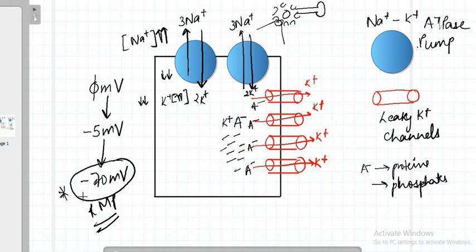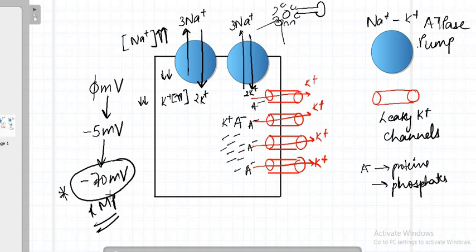Also, one key fact to remember is that neurons are many more times permeable to K+ ions. So K+ ions will diffuse very rapidly outside the membrane, making the inside more negative, as the anions, which are negatively charged proteins and phosphates, stay inside the membrane, and from -5 millivolts you will have -70 millivolts.